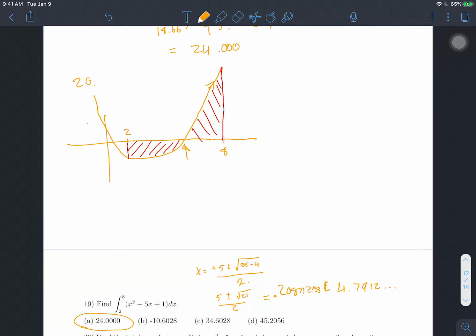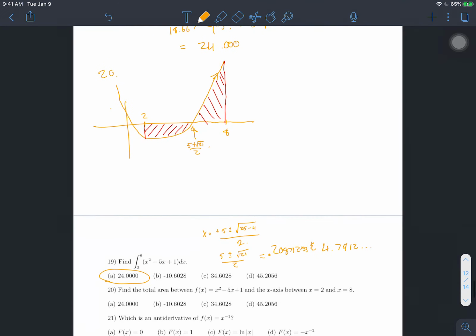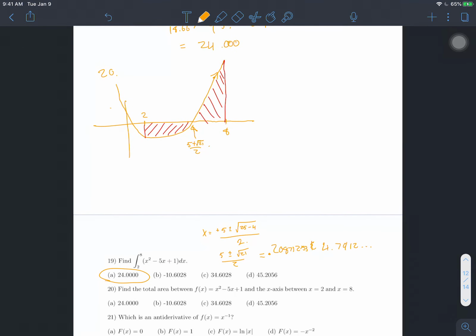We'll write 5 plus square root 21 all divided by 2. So what we should really be doing here is taking the integral from 2 to 5 plus the square root of 21 all divided by 2 and making that negative, because that otherwise would give us a negative number which represents the negation of the area underneath the x-axis.